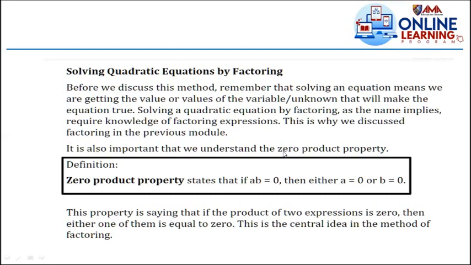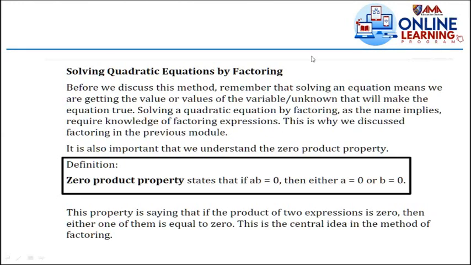Solving a quadratic equation by factoring, as the name implies, requires knowledge of factoring expressions. So last week we also discussed factoring, no, and special products. This is why we discussed factoring in the previous module. It's also important that we understand the zero product property.